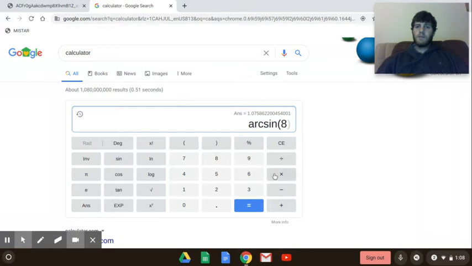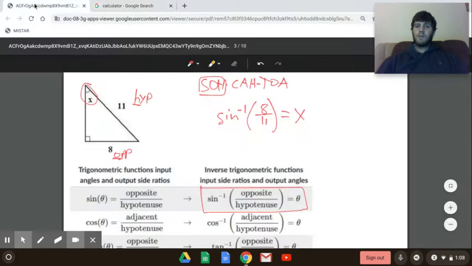So in the parentheses, we're going to do 8 divided by 11. Okay, and we're going to hit equals, and it's going to tell us 46.65 degrees. So I'm going to round that up to 46.7 degrees. 46.7 degrees is going to be our value of x.